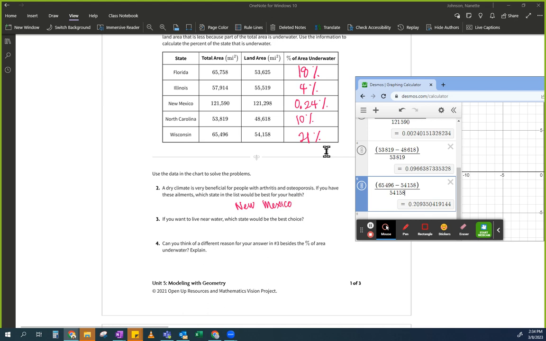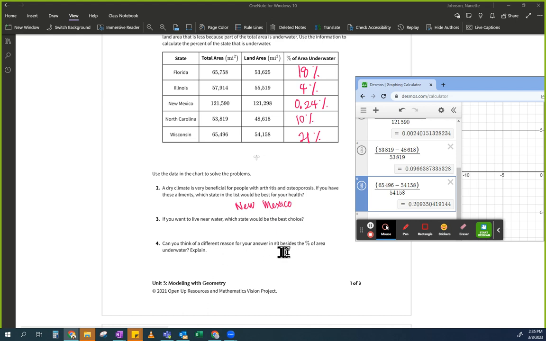So 21%. So if you wanted to live near water, which state would you choose? Yeah, 21%. Very good. So I would choose Wisconsin. So I mean, Florida's not too far behind, right?